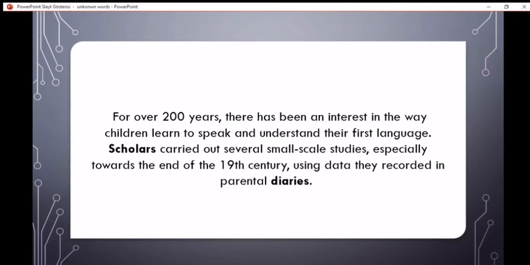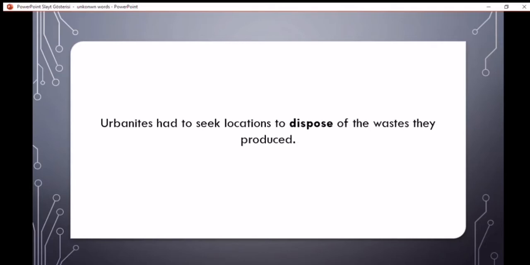We need to read the passage as a whole to understand the whole idea. But we have some ideas here, right? Just by looking at these 4 easy steps, we can simply understand or make an educated guess at least to find a similar meaning. Let's see another one, right?